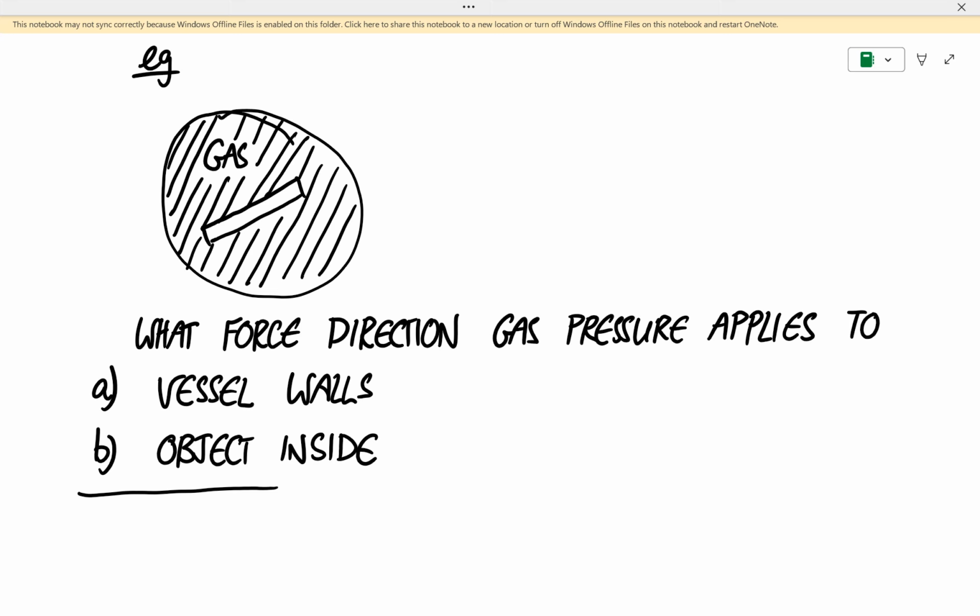When you said vessel wall, do you mean the circle thing? Yeah. So let's say that's like a container. Vessel is just the container, I don't mean blood vessel necessarily.